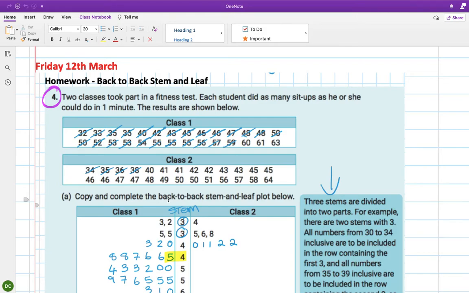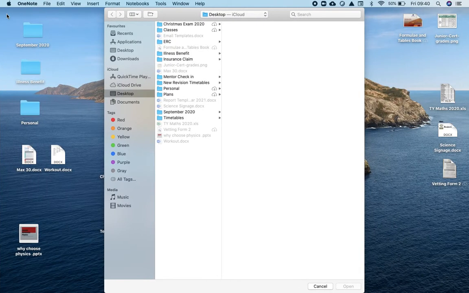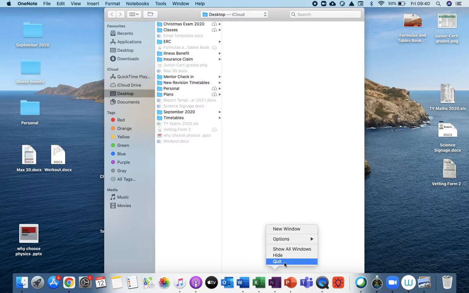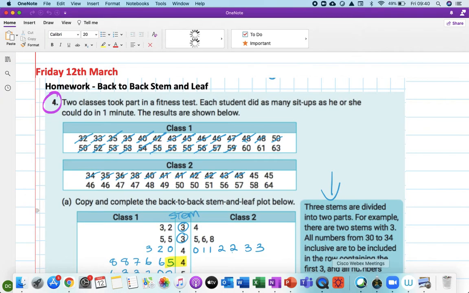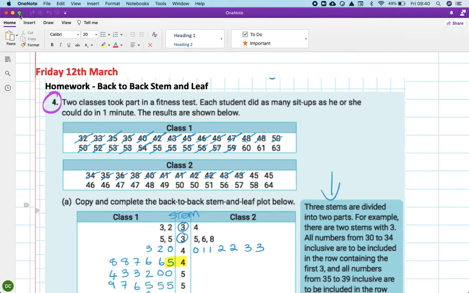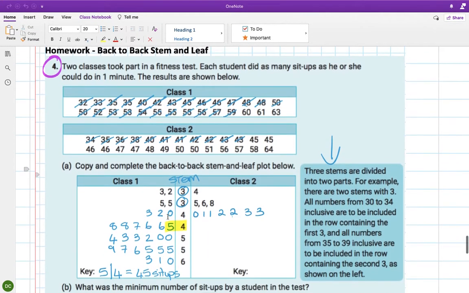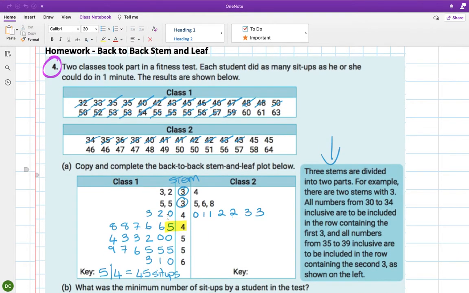I won't shut it down just yet. Okay, so I'm on to the mid to high 40s.